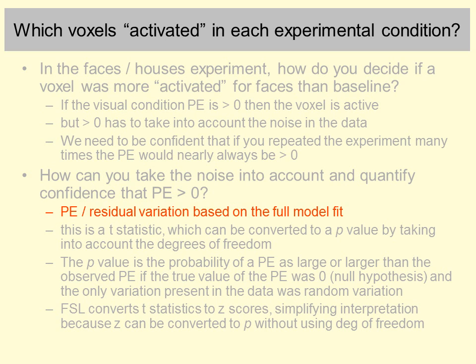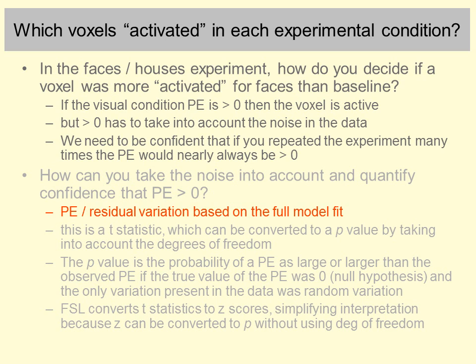Well, I suppose a simple way to look at that is, if the parameter estimate for the visual condition is greater than 0, and positive, then the voxel was active to some extent in the faces condition. But we have to take into account the noise in the data, the residual variation.